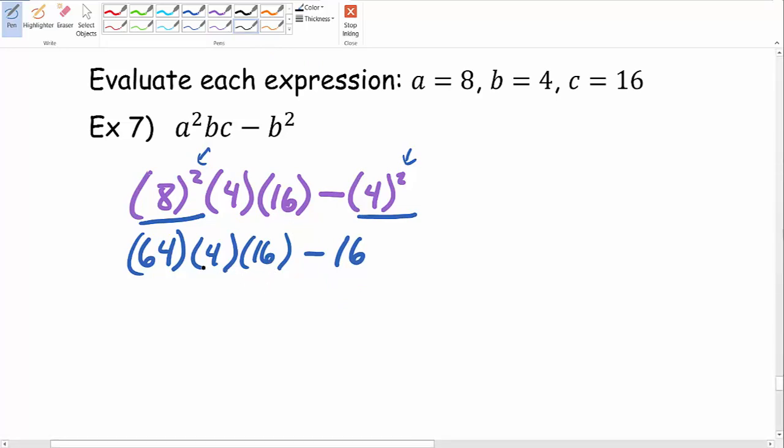Personally, I think that going 4 times 16 gives us 64, times this original 64, might be an easier route. But if you are good with kilobits and you know the powers of 2 and exponents, you can get around doing 64 times 4 minus 16.